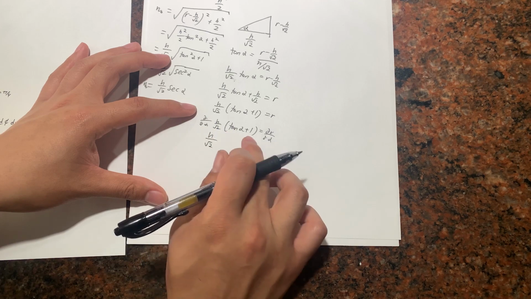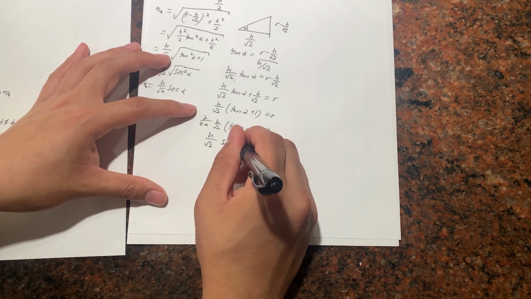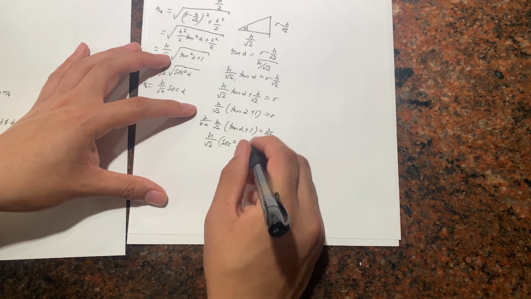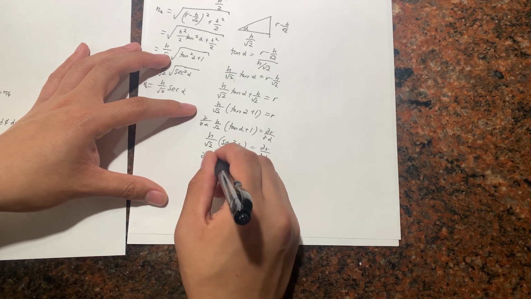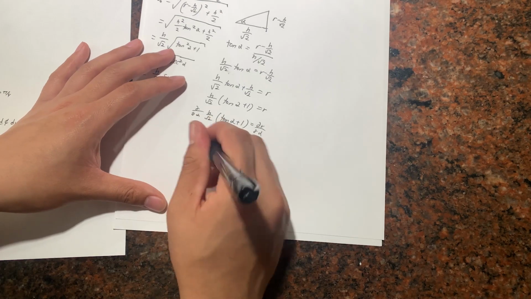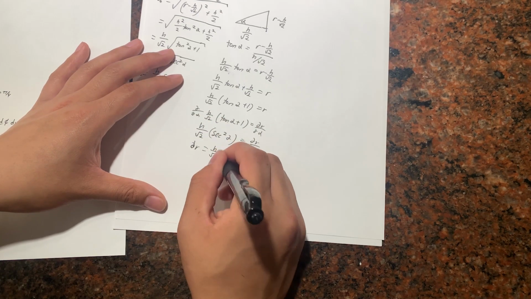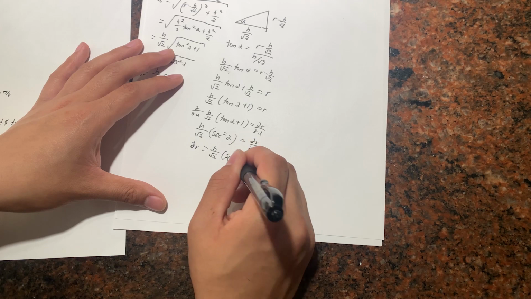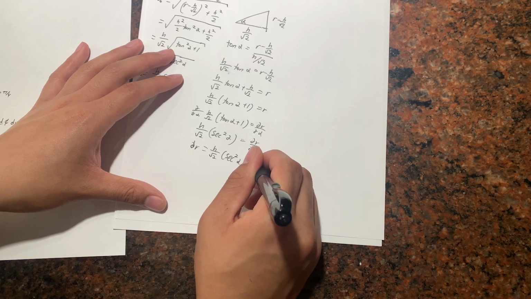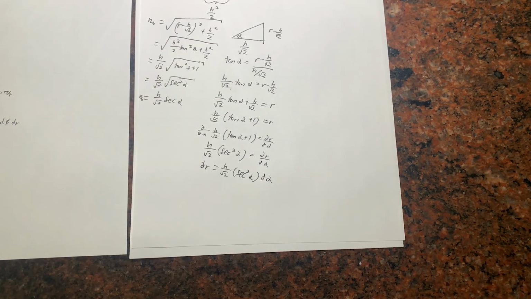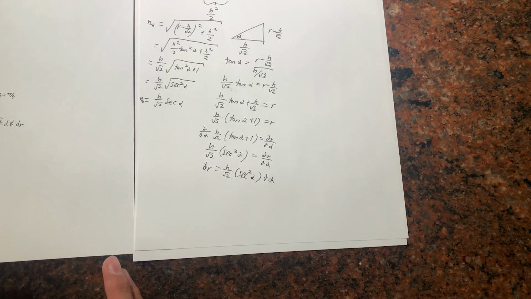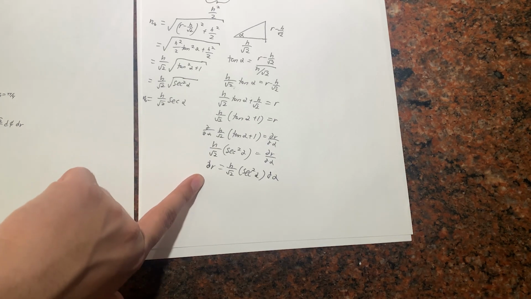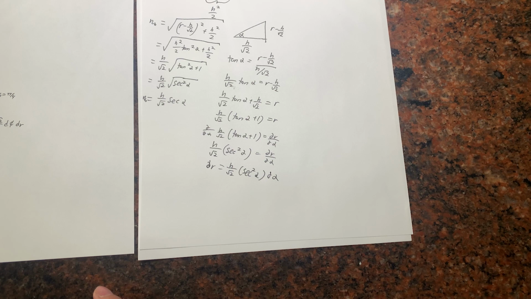The derivative of tan alpha is secant squared alpha, so dr becomes h over root 2 secant squared alpha d alpha. That's what we're going to replace our dr with when we write our differential area element.